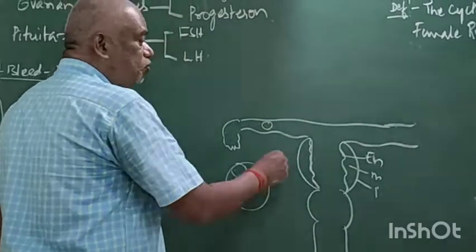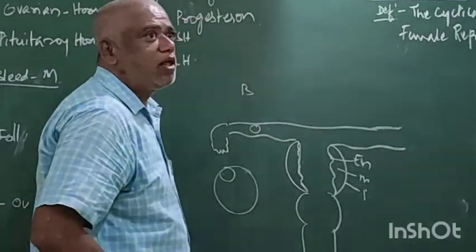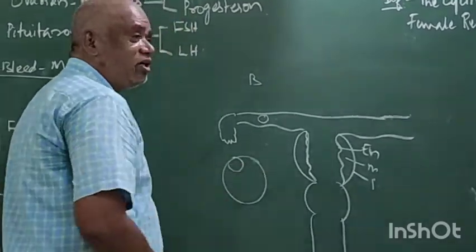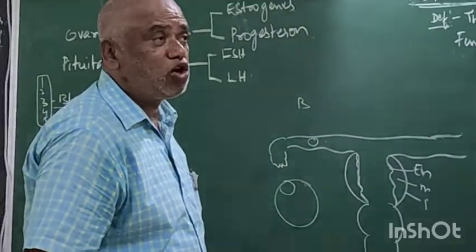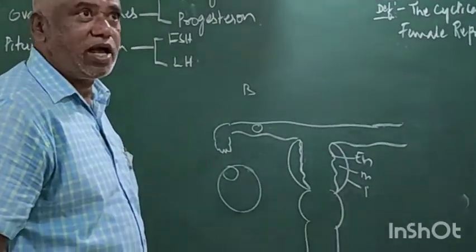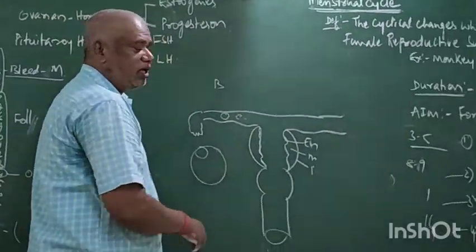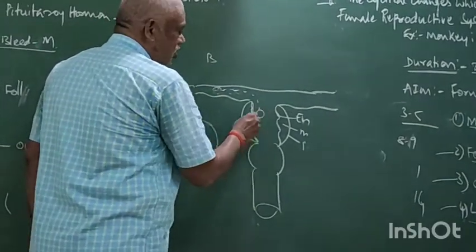Good. If she is a bachelor, not married, that girl cannot have coitus because she is a bachelor. Due to this, sperm availability is not there. Hence, this egg falls in the uterus.